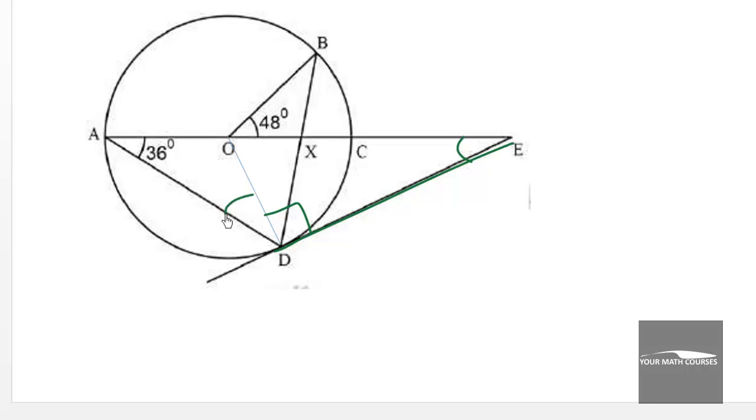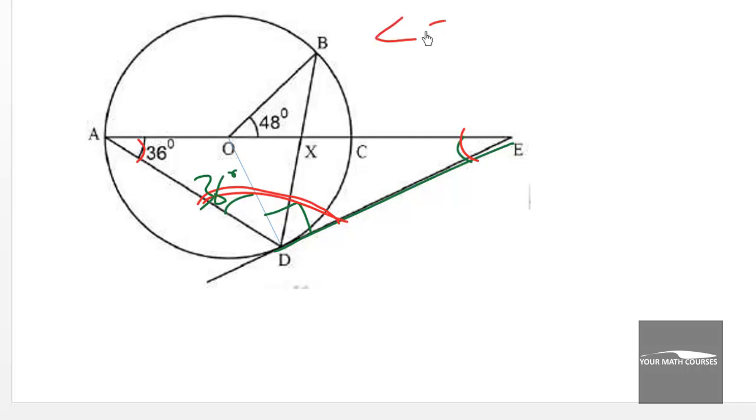And this is 36 degrees. So from triangle AED, this angle plus this angle plus this angle should be equal to 180 degrees.